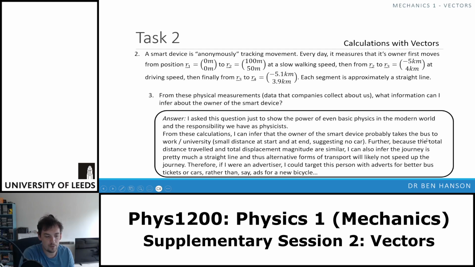Further, because the total distance travelled and total displacement magnitude are similar, I can also infer the journey is pretty much a straight line, and thus alternative forms of transport will not speed up the journey. So this person can't have their journey speeded up by alternative forms of transport.